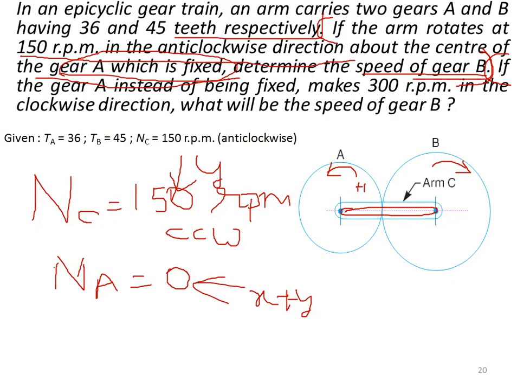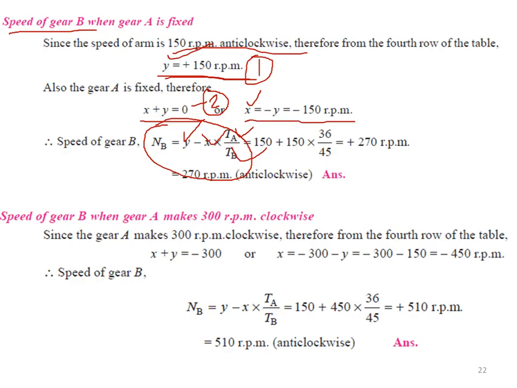TA was 36 and TB was 45. If you substitute, you get 270 rpm. If it is positive, it is anticlockwise only, because you have taken anticlockwise as the consideration for Y, 150 rpm. So all anticlockwise you have taken as positive.